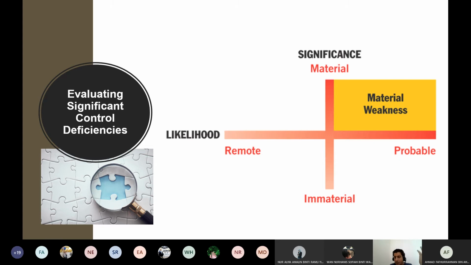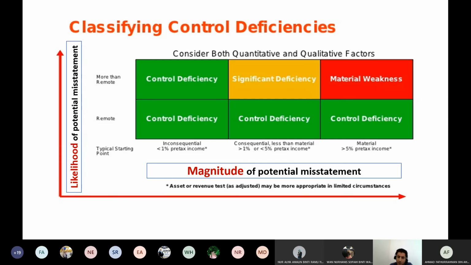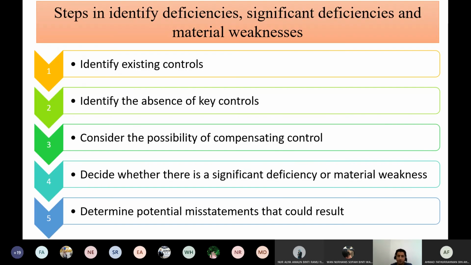But if it is material and also probably happens frequently, we consider it a material weakness. This is another diagram just to explain the same thing. The main things are the magnitude of potential misstatement and the likelihood.